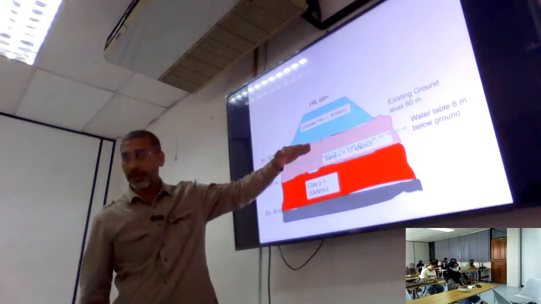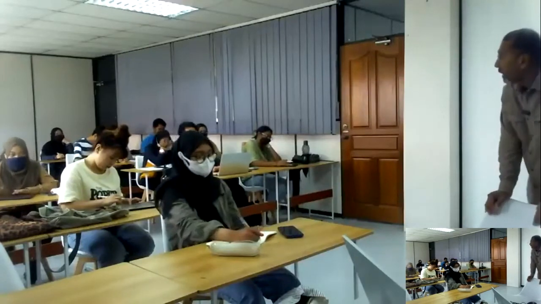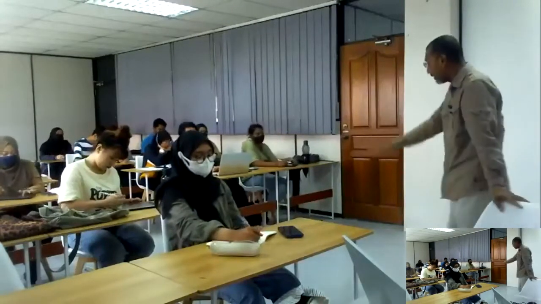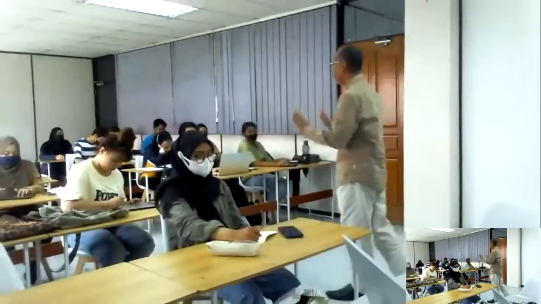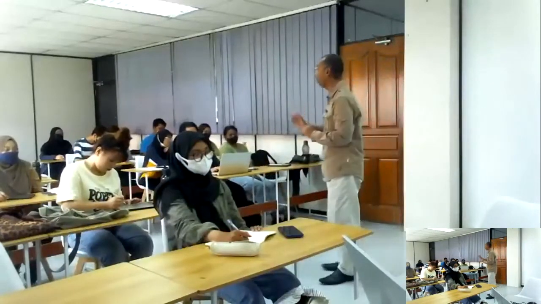So what will happen, in the long run, this road will start to settle. There will be settlement. But the issue is not just the settlement, but the uneven settlement. That is annoying. If it's settled evenly like this floor, then okay, you don't feel it when you drive. But the problem is different. Every 1 meter it has a different rate and amount of settlement.